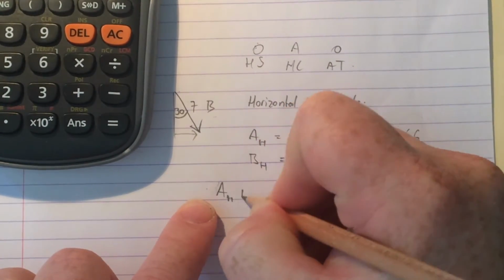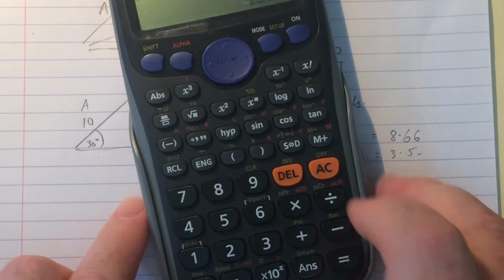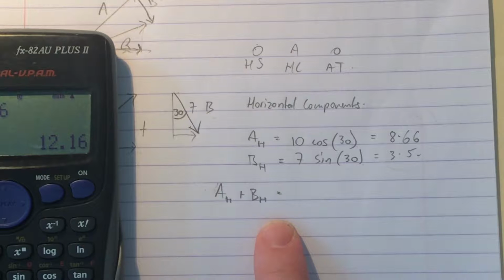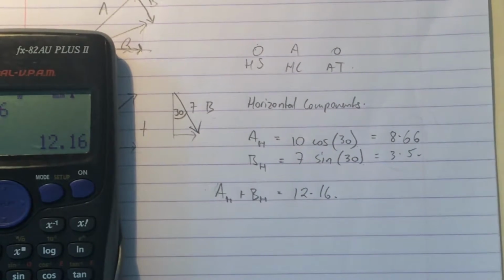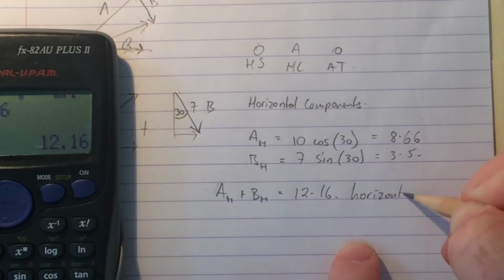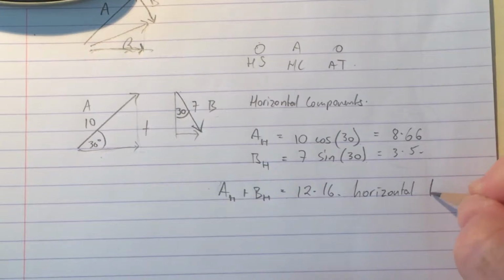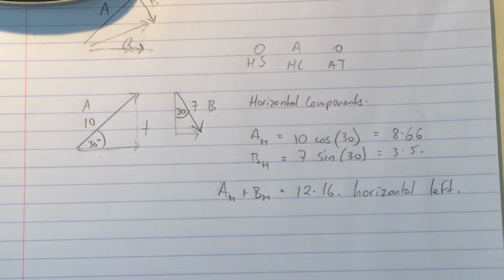So AH plus BH, 8.66 plus 3.5, will be 12.16 in length, and it will be horizontal, and it will be to the right, I should say.